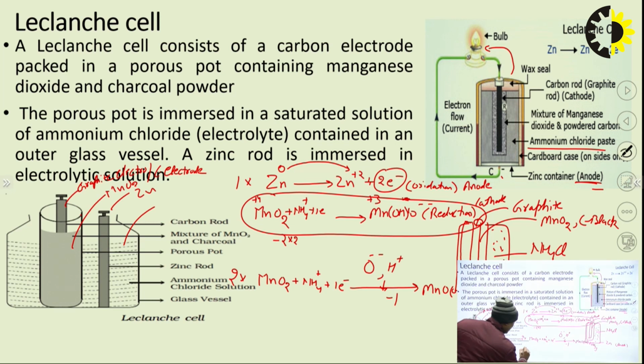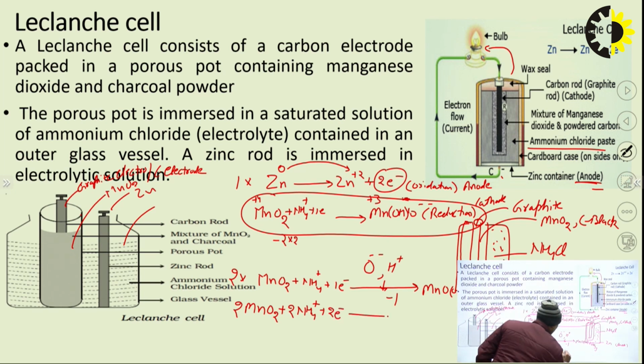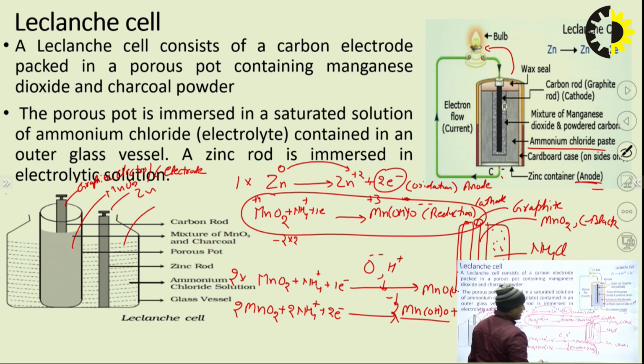So what I will get is 2 MnO2 plus 2 ammonium ion plus 2 electrons, which can be cancelled out later, and it will form 2 MnOOH plus 2 NH3 gas. I can write this species as Mn2O3.